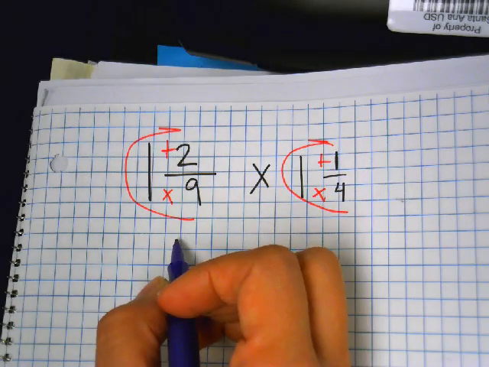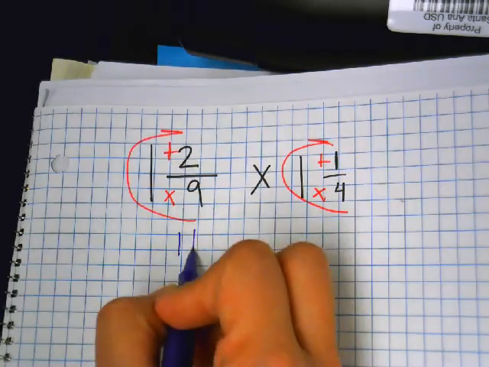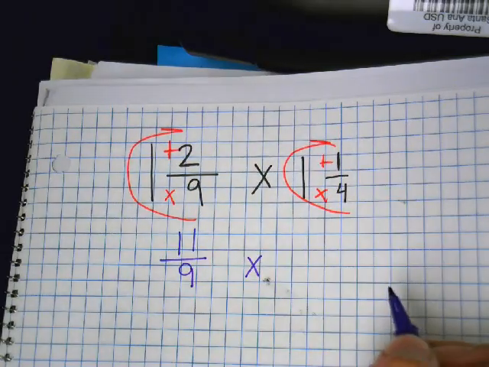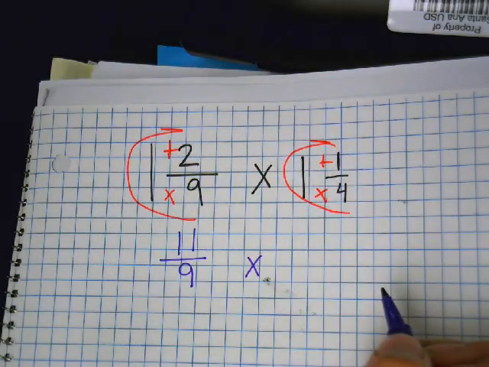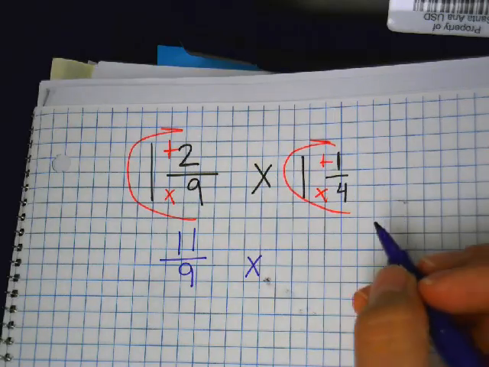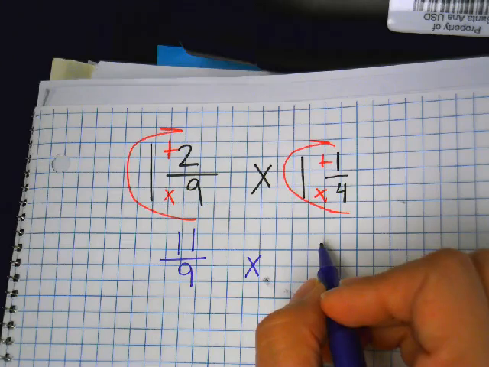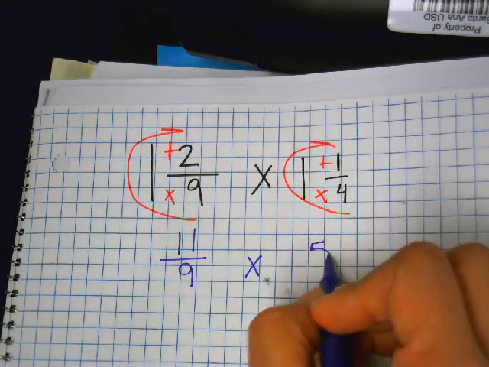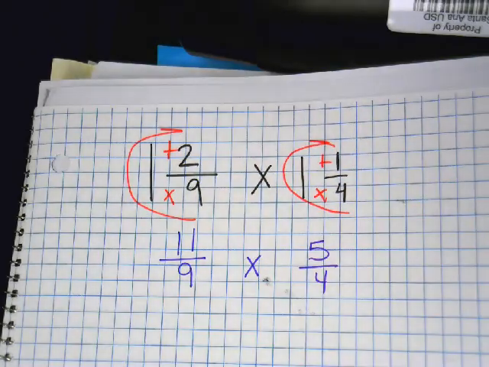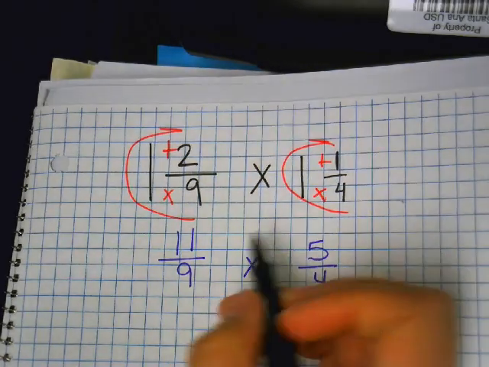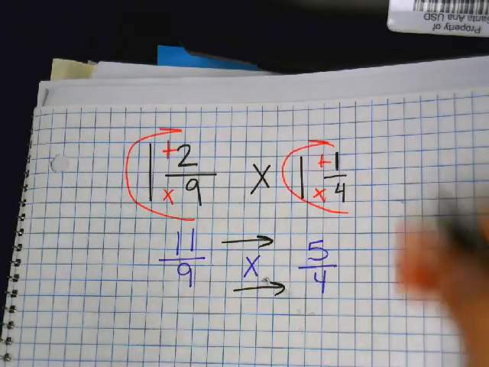Yeah, Aaron. 11 over 9. Who wants to give me the second improper? Roger? Where'd you get 6 from? Armando? 5 over 4. Good. All right. Any corners to simplify? Nope. So straight across.